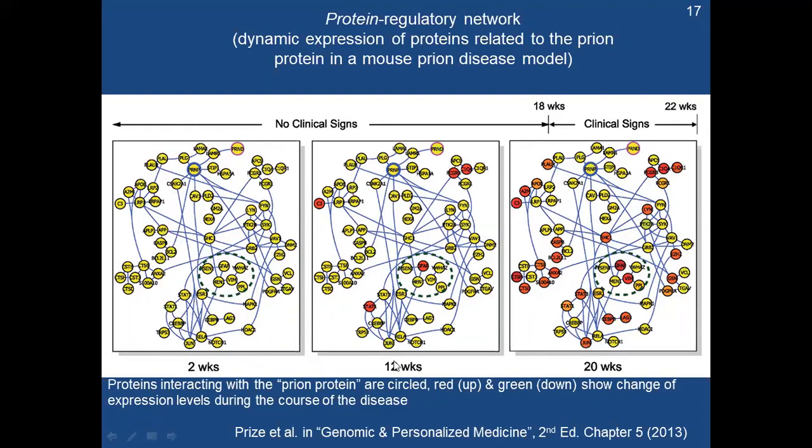So for example, at 12 weeks, STAT1 is upregulated, C3 is upregulated, these two are upregulated, and this one, but not the others. But around 20 weeks, these others are upregulated, and there's one green, which is downregulated.